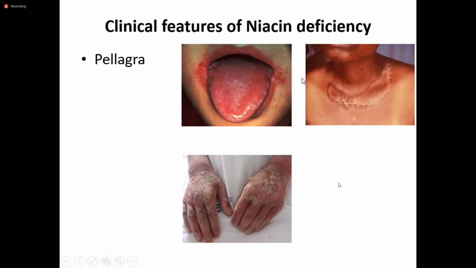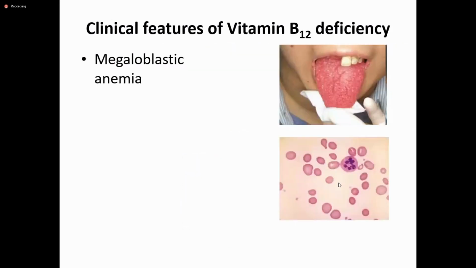So this dermatitis occurs especially on the exposed parts, sort of photosensitive, along with glossitis and diarrhea. B12 deficiency leads to glossitis and megaloblastic anemia, and sometimes neurological manifestations can occur.